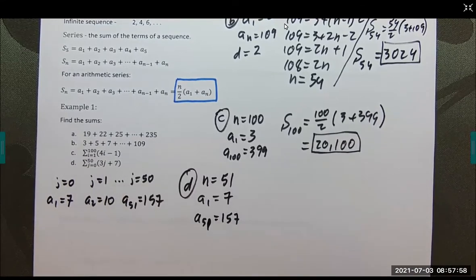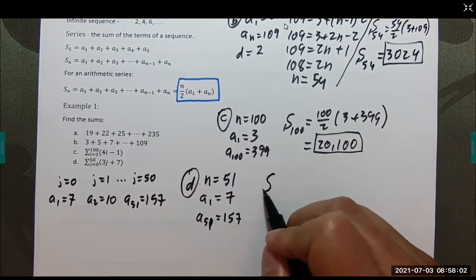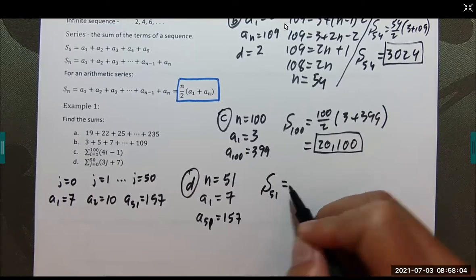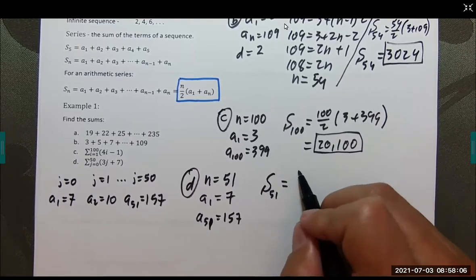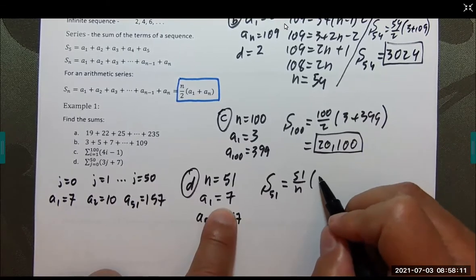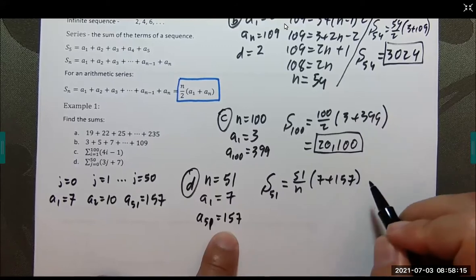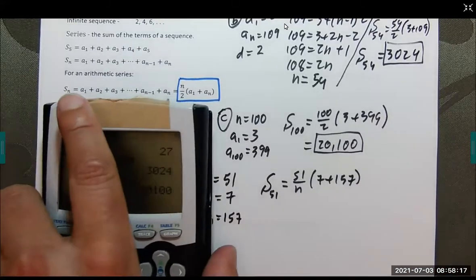All right, so the sum of our 51 terms is going to be 51 over 2 times our first term, 7, plus our last term, 157. And let's crank that out.